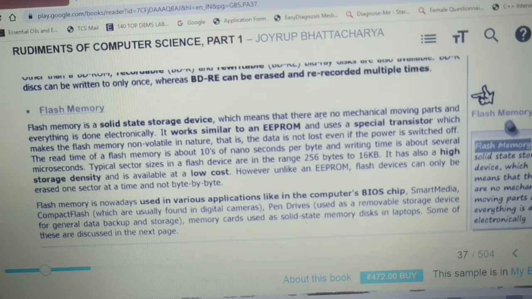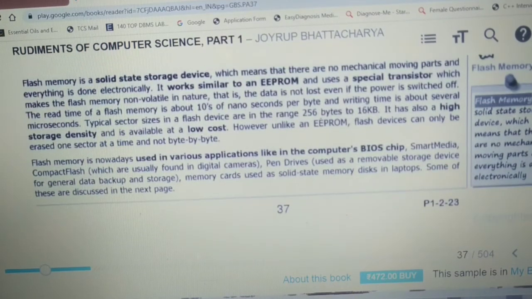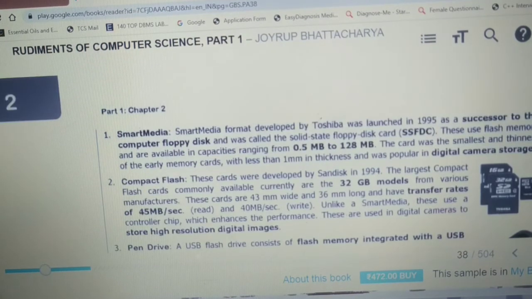Flash memory is nowadays used in various applications, like the computer BIOS chip, smart media, compact flash, and flash drives. Everywhere we are using these things.